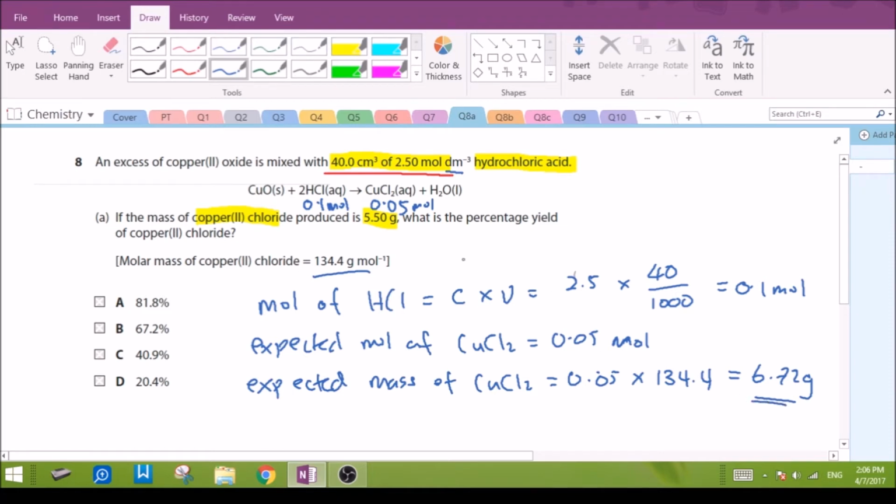Not surprisingly, we got something less than the expected amount. This is the amount that we have, 5.5 grams. To find the percentage yield, we take the actual amount, 5.5, divided by the expected amount, and then we multiply by 100%. We get 81.8%. That will be A.